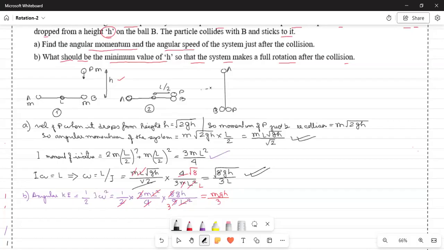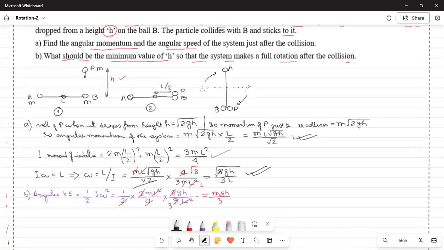Earlier it was like this: B and P was here and A was here. It has rotated by pi by 2.